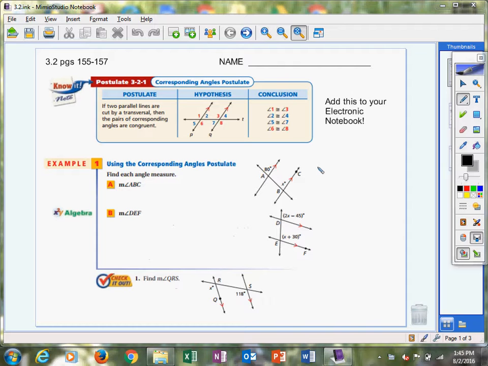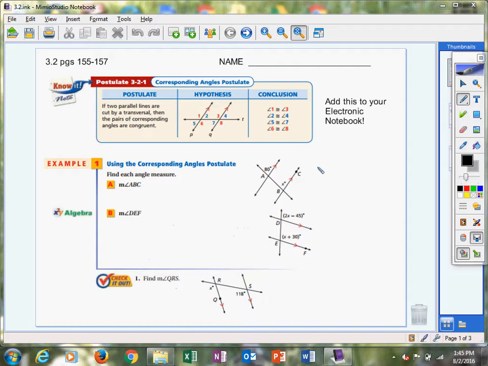All right. Let's look at the very first postulate out of this particular section. Corresponding angles postulate is the name, and this is what it says. If two parallel lines are cut by a transversal, then the pairs of corresponding angles are congruent.